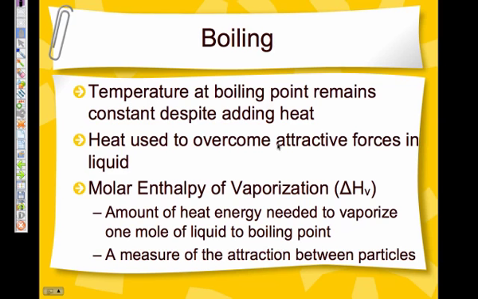You can use this to measure the attraction between particles, because the higher the molar enthalpy of vaporization, the more attractive forces there are between the molecules, because it's taking more and more energy to vaporize that substance.